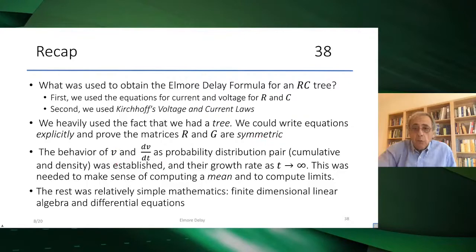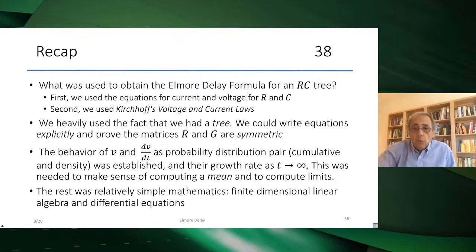We established the behavior of dV to dt as a probability density and V as a cumulative density, and the very fast approach to 1 at infinity, and that allows us to do the limit and compute it.